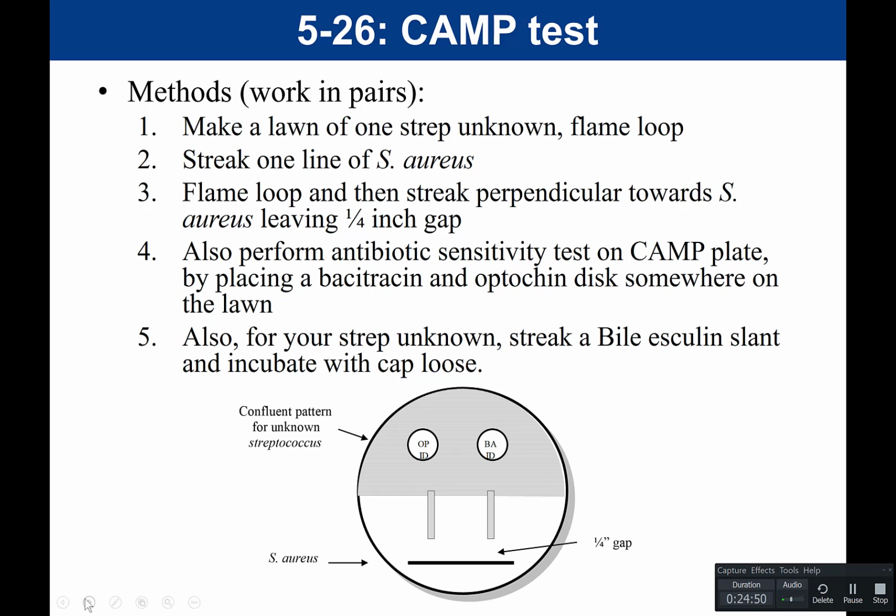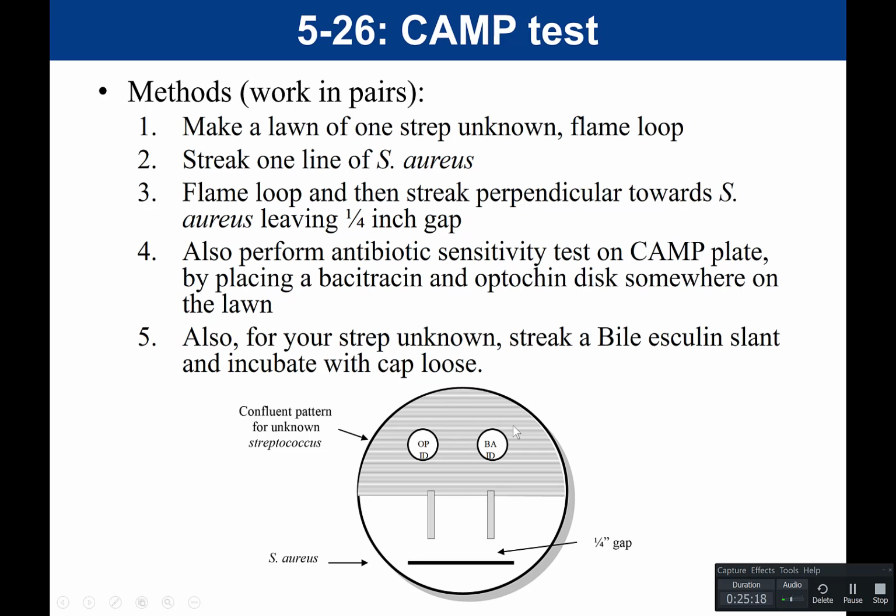So what you want to be aware of is that when we talked about the setup for this, this was more than just the CAMP test. We did multiple tests on the same plate. You take your loop and you would make a lawn over approximately half of your plate.